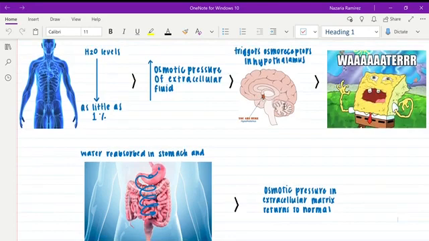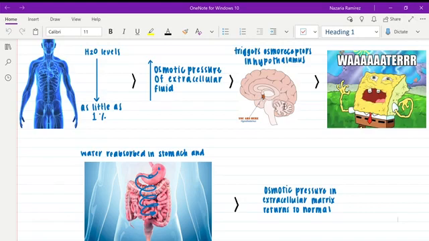Essentially, when your body loses as little as 1% of its water level, that causes the osmotic pressure of the extracellular fluid to increase. That triggers the osmoreceptors in your hypothalamus, and that causes a person to feel thirsty and seek water.